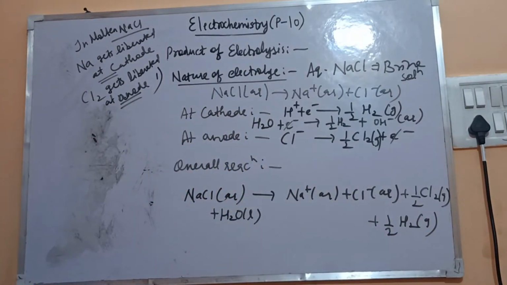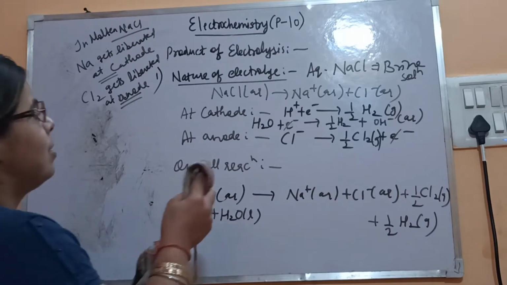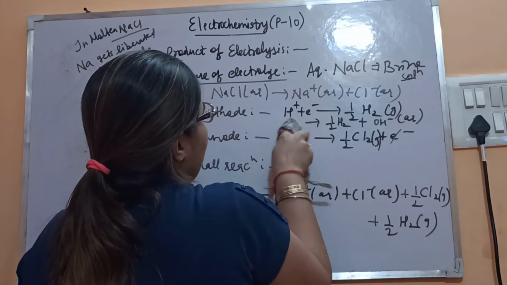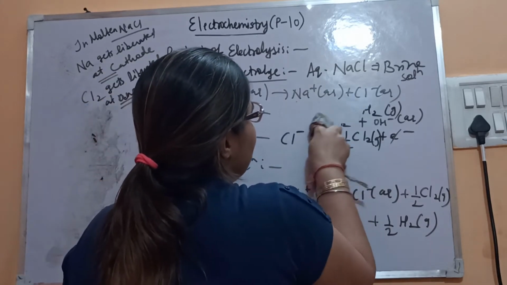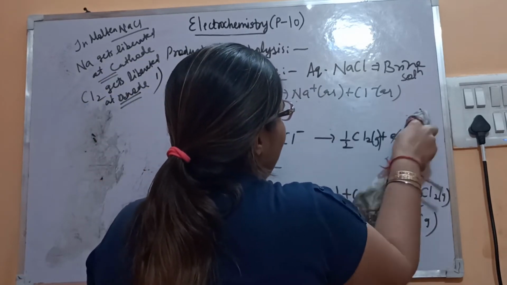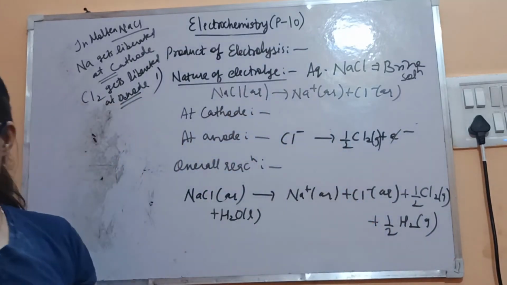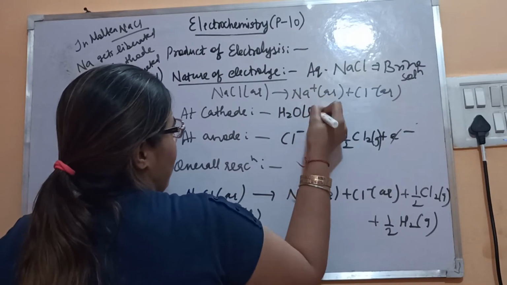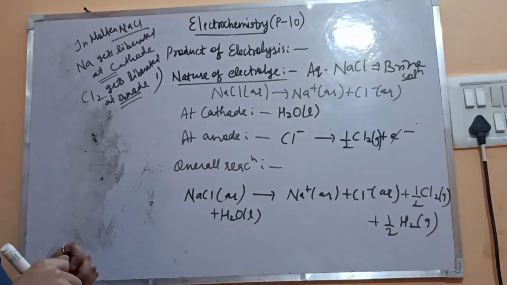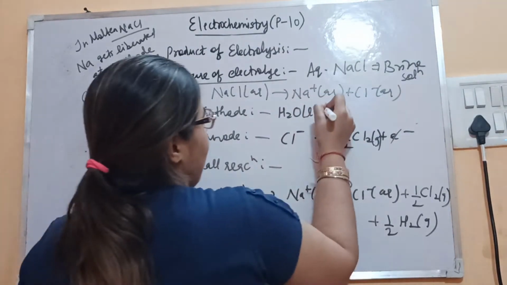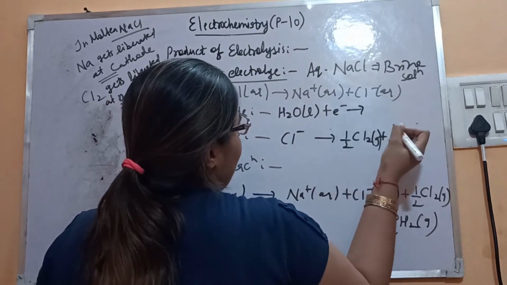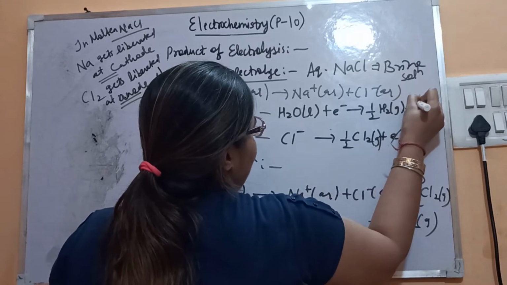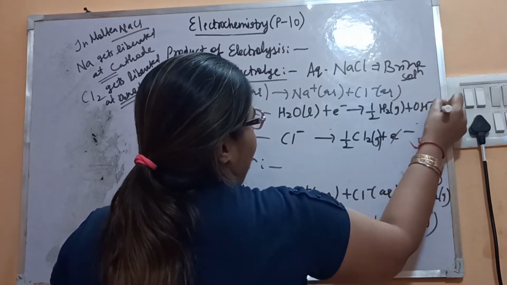Okay. So here instead of that you just consider this reaction only, only one, so that no confusion should be there, because after that we have combined that reaction with the water. So water gives you half H2 gas plus OH minus aqueous.